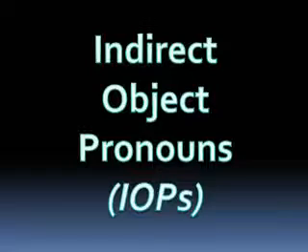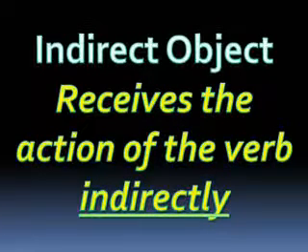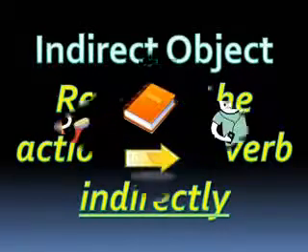Okay, so let's talk about indirect object pronouns. We'll do a whole other podcast on these, but just briefly here, a real quick overview. As the name insinuates, an indirect object receives the action of the verb indirectly. So if a verb does an action, it's what's receiving that action indirectly. What this means is that the indirect object in the sentence indicates the to or for whom the action is completed.